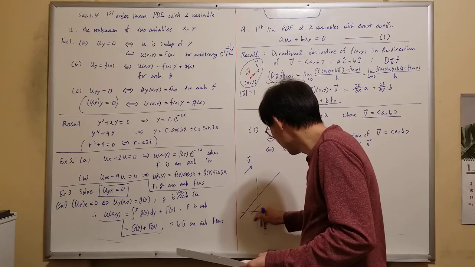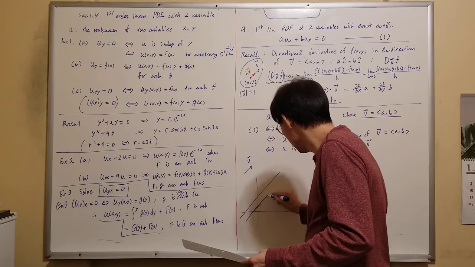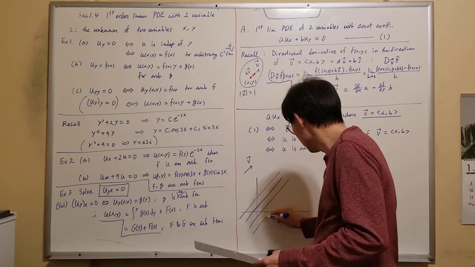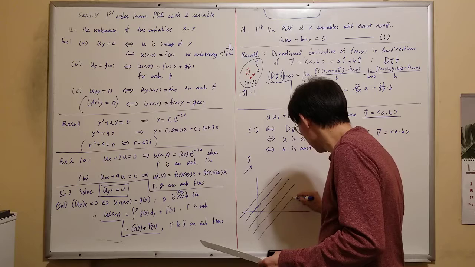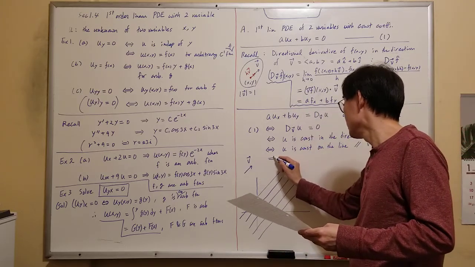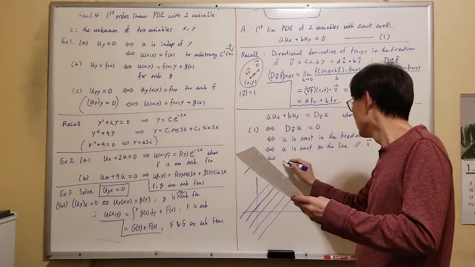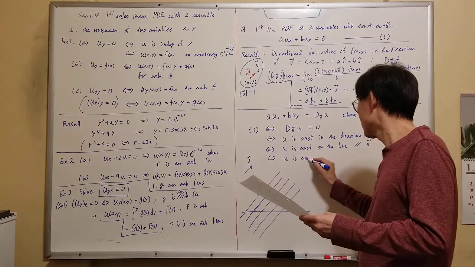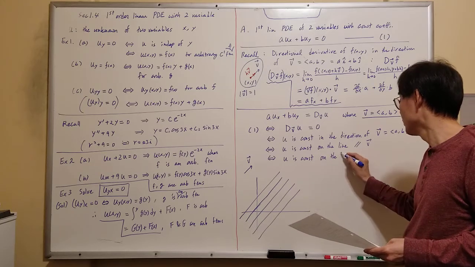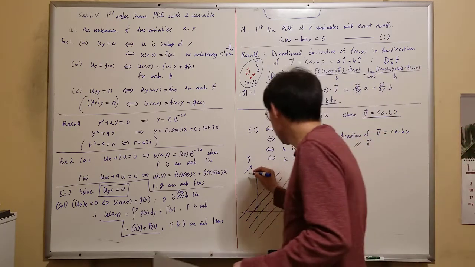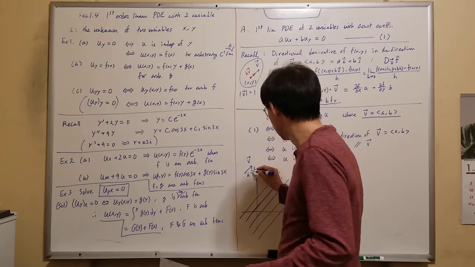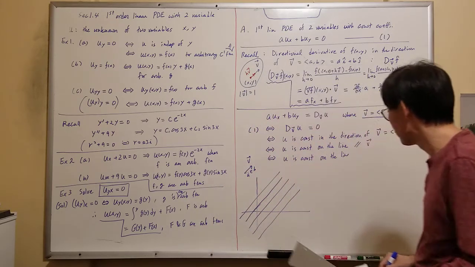Your unknown function will be constant along these lines. So u is constant on the line with slope b over a, right?